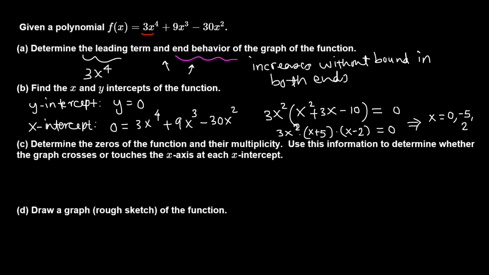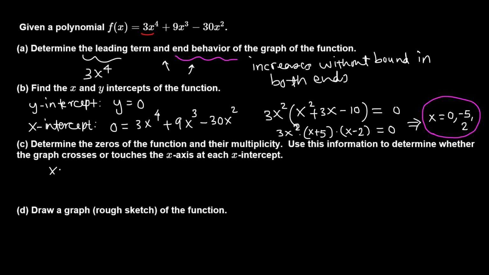In part C, determine the zeros of the function. That means where the graph of the function intersects or touches the x-axis, and their multiplicity. So we have already found these zeros, and we use their multiplicity to determine whether the graph crosses or touches the x-axis at each x-intercept.